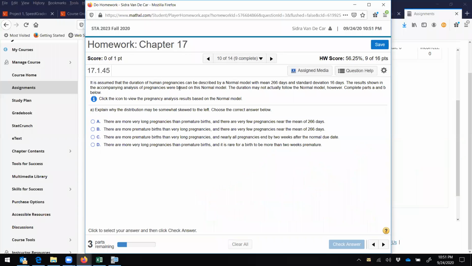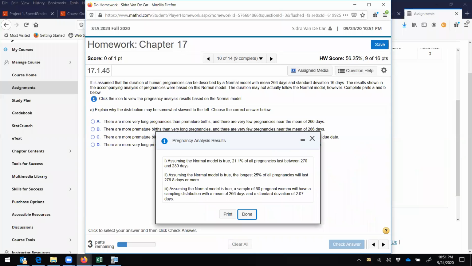It is assumed that the duration of human pregnancies can be described by a normal model with a mean of 266 days and a standard deviation of 16 days. The results shown in the accompanying analysis of pregnancies were based on the normal model. The duration may not actually follow the normal model, however. Explain why the distribution may be somewhat skewed to the left.